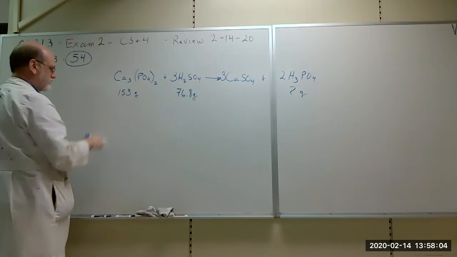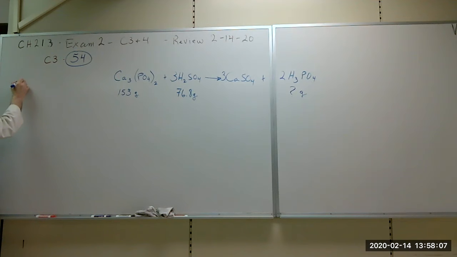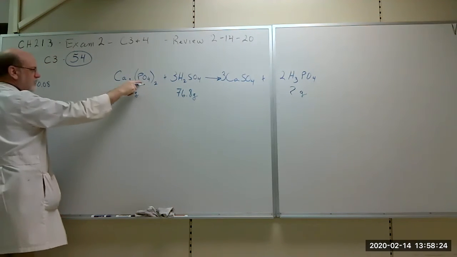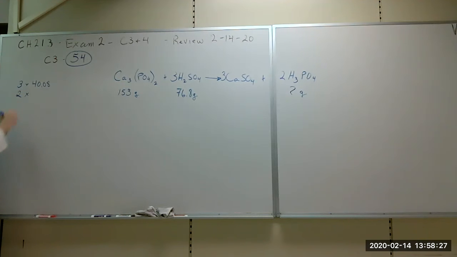So we need the molar mass of calcium phosphate. 3 calciums, that's like 40 something. 40.08. Then how many phosphoruses do we have in this? We have 2, don't we? 30.97 for phosphorus.